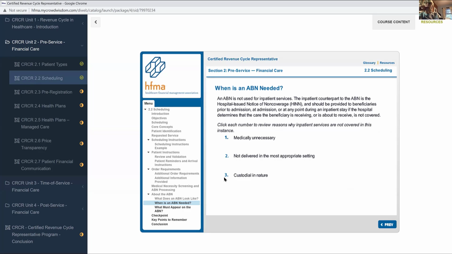If you don't get an ABN signed, I believe that you can bill the patient for what their copay would have been, just like when you do contracted services, you can bill them for the contracted amount. You can't bill them for the whole amount. But if it is truly a co-insurance, it means they've paid.